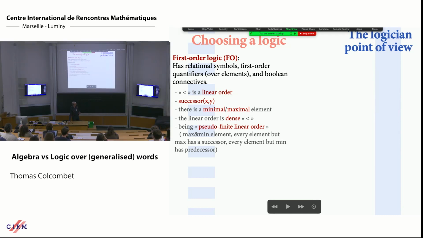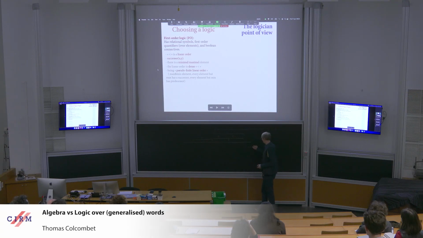So of course, this class contains all finite linear orders. But it also contains things that are not finite linear orders. A very simple example is this one.